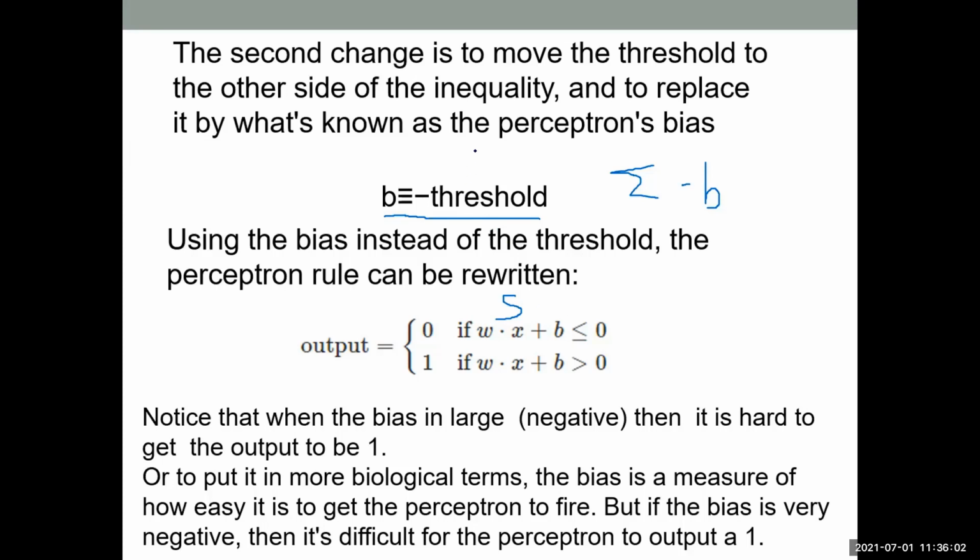If the threshold is 3, then b would be -3, so this would still make sense. So anyway, we would have S plus b is less than 0, or S plus b is greater than 0, and the output is either 0 or 1.